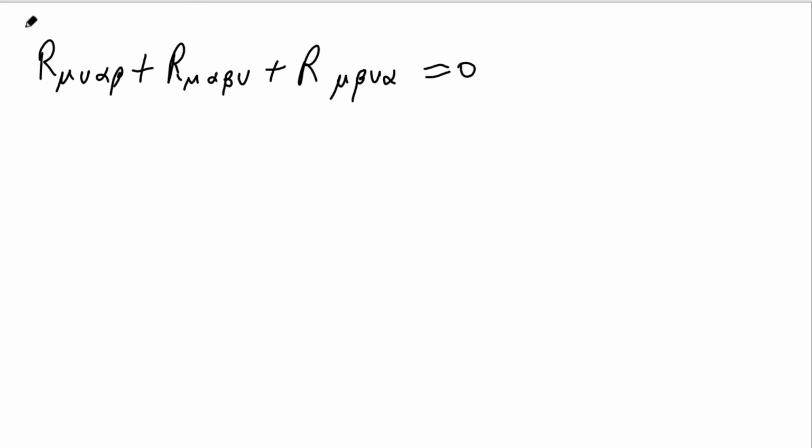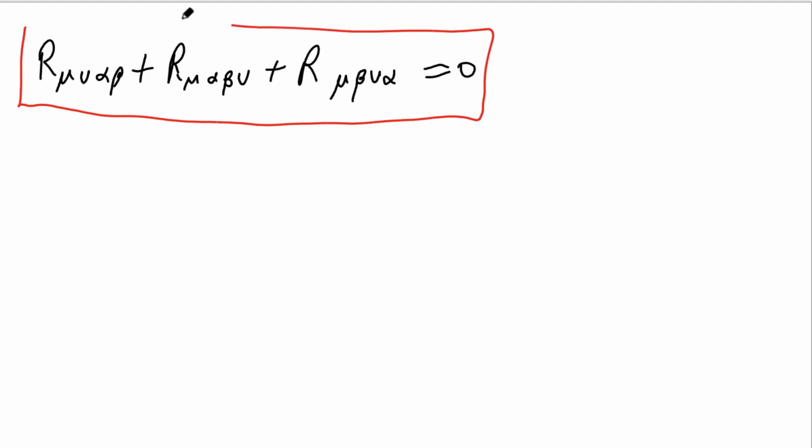And this is straightforward to prove. Just write each of these out in Riemann normal coordinates and add them, and you'll see that each term cancels. And then argue, since that's a tensor relation, it must hold in all coordinate systems.